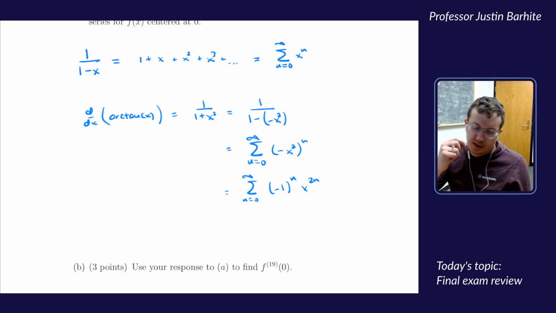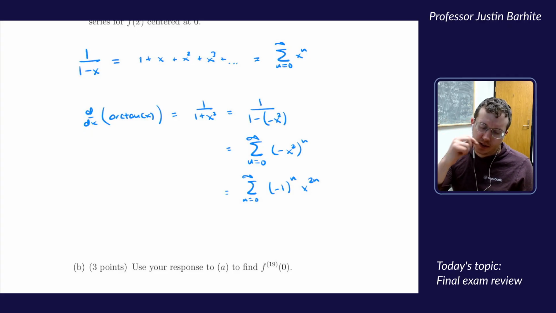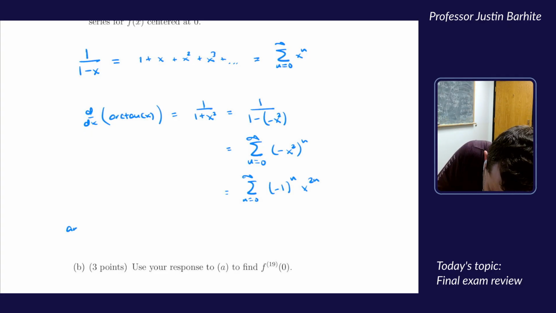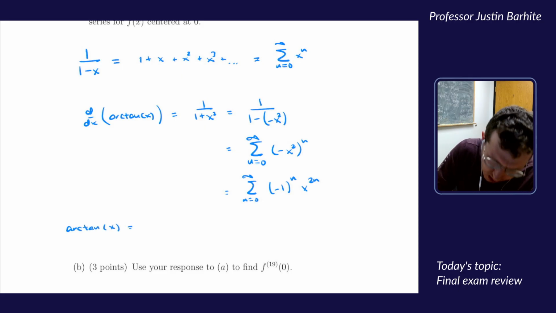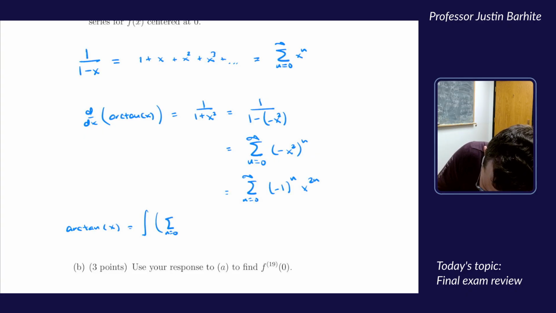So that's the derivative of arctangent of x, which means that arctangent of x is the antiderivative of this.